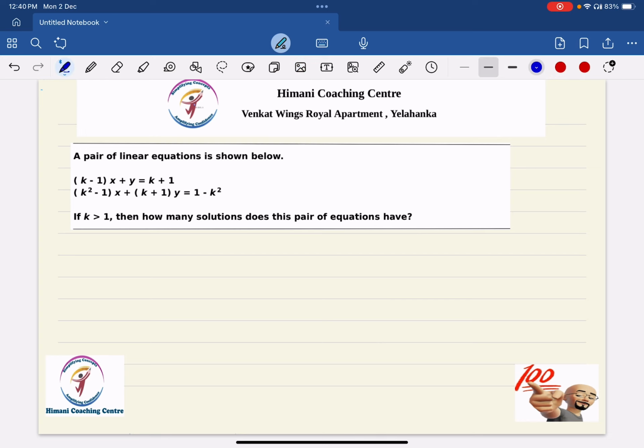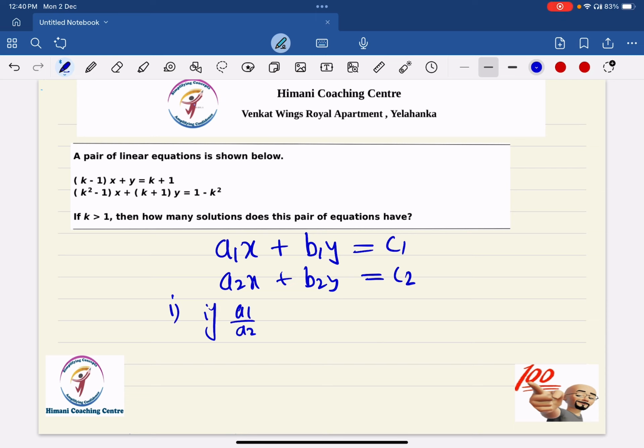Before we get into the question, let us understand what the rule is. If we get two linear equations, a1x plus b1y equals c1 and a2x plus b2y equals c2, what are the three rules? The first rule says if a1 by a2 is not equal to b1 by b2, then there is a unique solution.